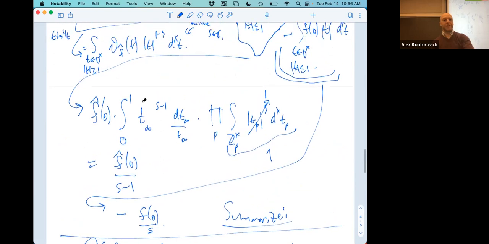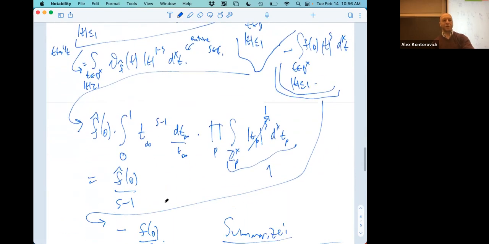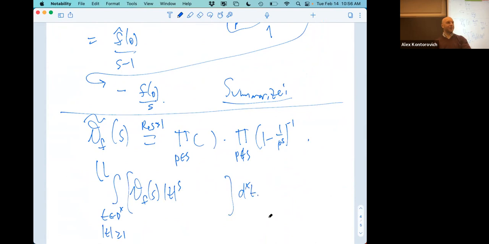When we don't unfold and we leave the integral over this d star, we get two contributions. One contribution is an integral over t in d star with absolute value of t greater than or equal to 1, the theta function multiplied by t to the s with the multiplicative Haar measure.